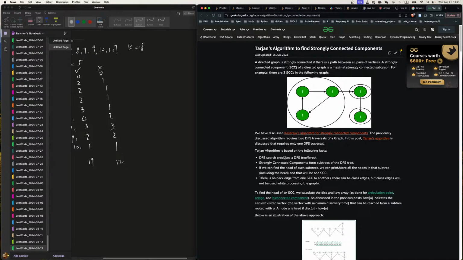DFS search produces DFS tree. Strongly connected components form subtrees. If we can find a head of such subtrees, we can store all the nodes. No back edge.